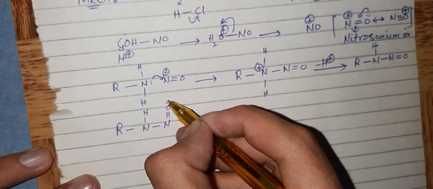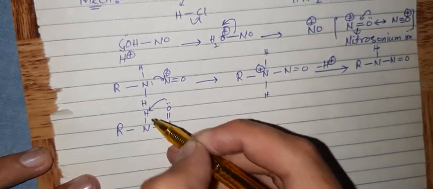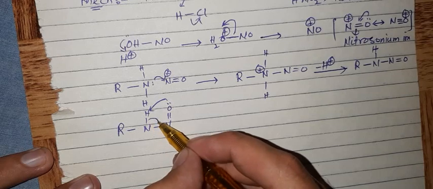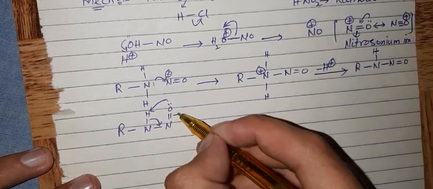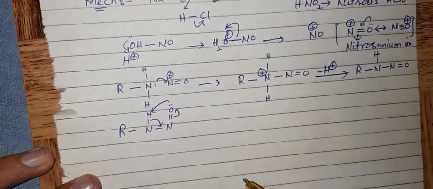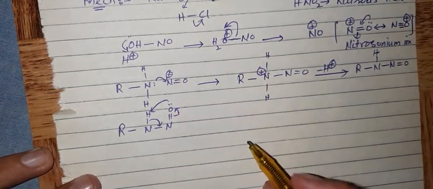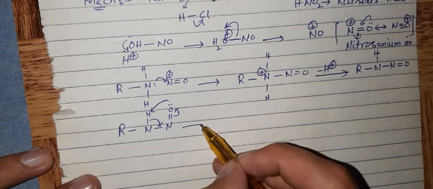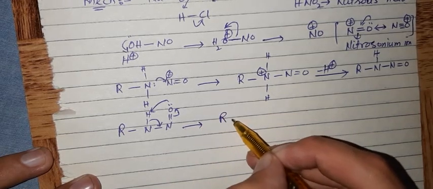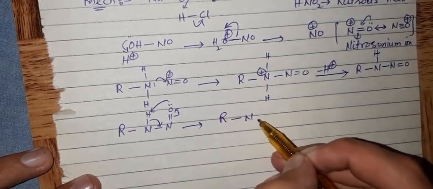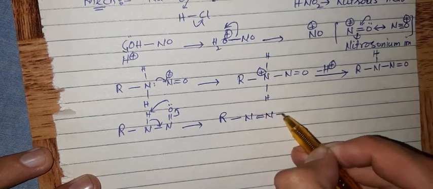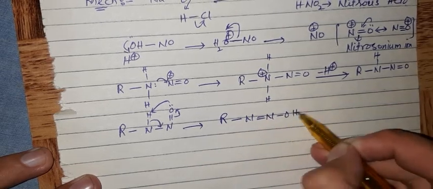This electron pair will come here, and this bond will be shifted towards this position, while this bond pair will be gained by oxygen, and the resulting species is R-N double bond N-OH.